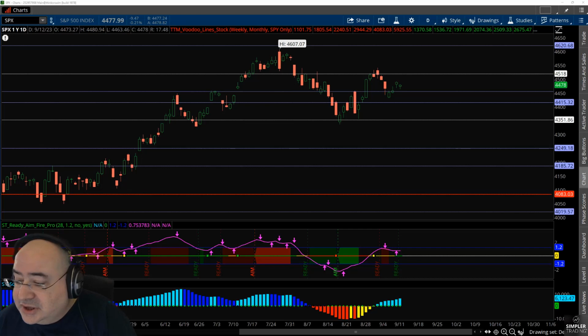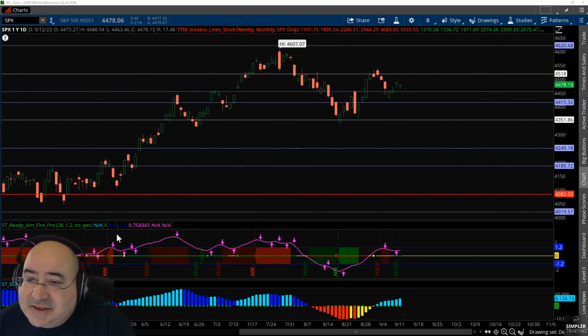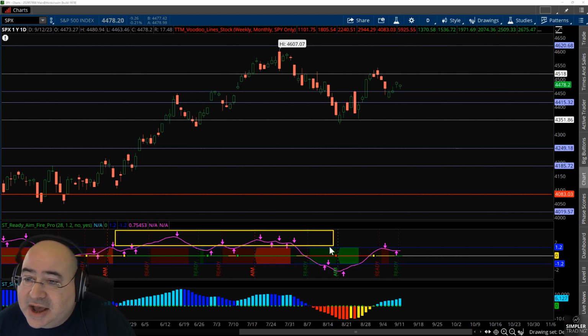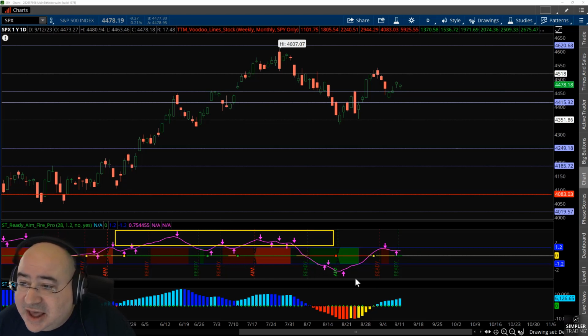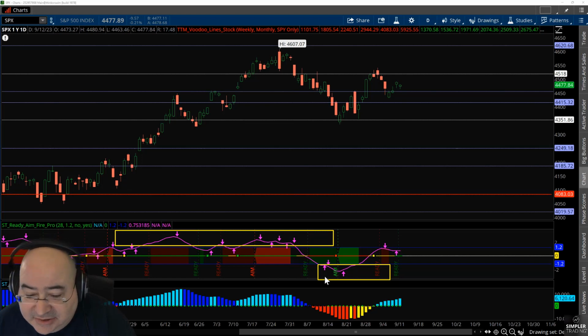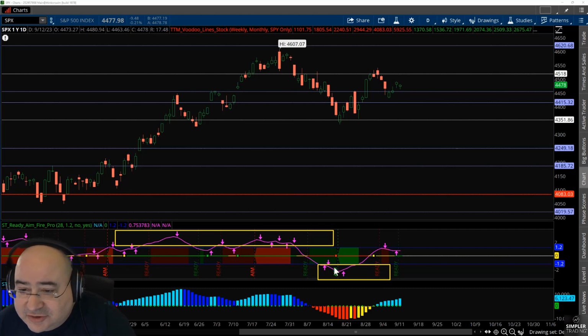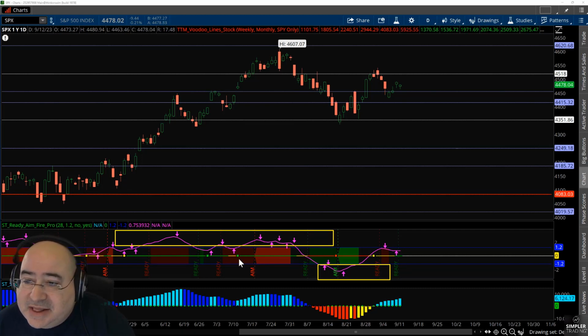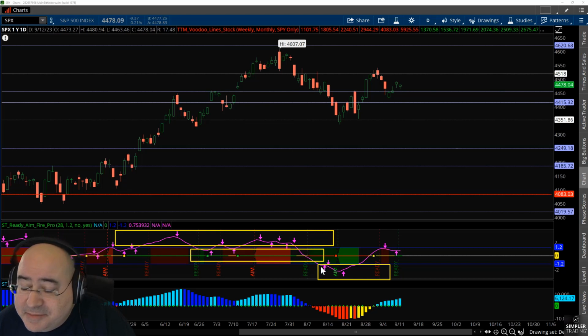So the focus in Ready.Aim.Fire Pro is at the extremes. It's at the edges. It's at the area outside of the overbought line and outside of the oversold line. And what that does is it focuses the indicator on the action near extremes where you get reversals from, at the expense of clarity here in the middle.